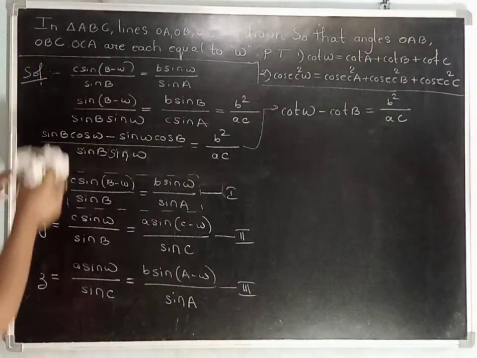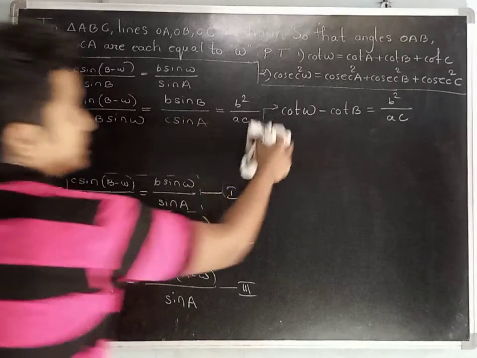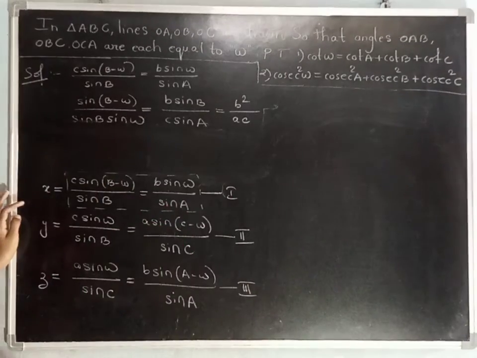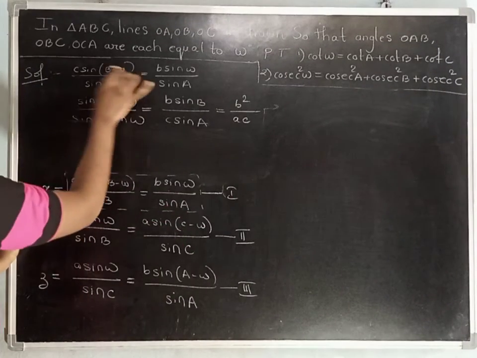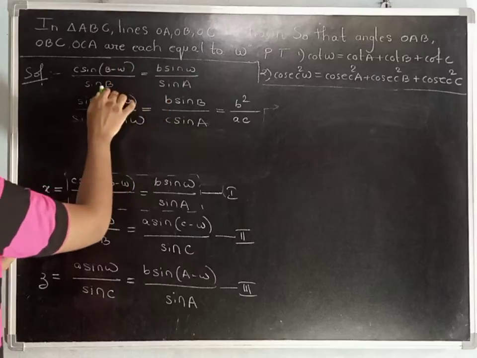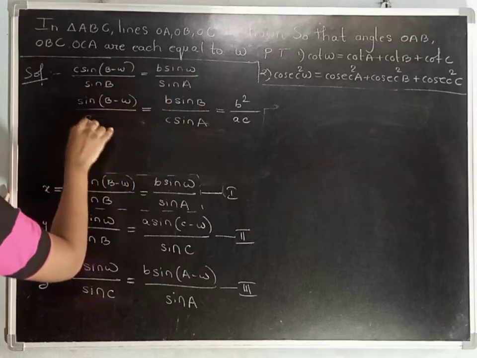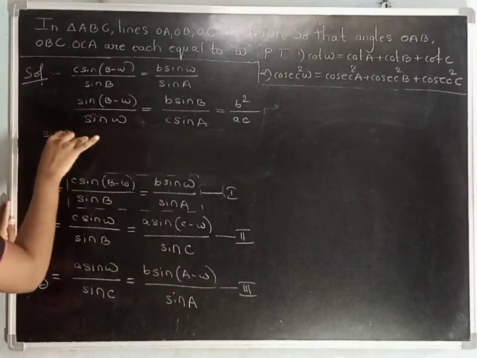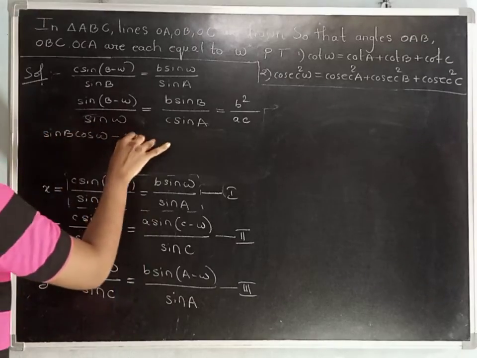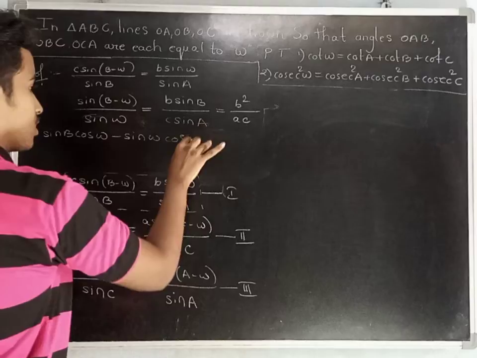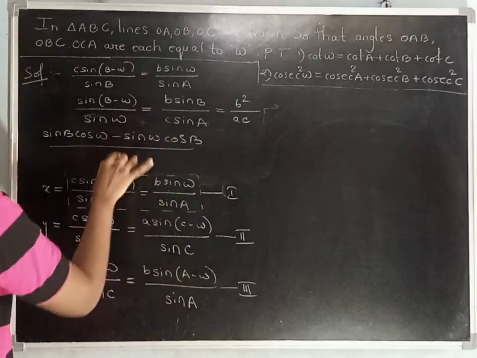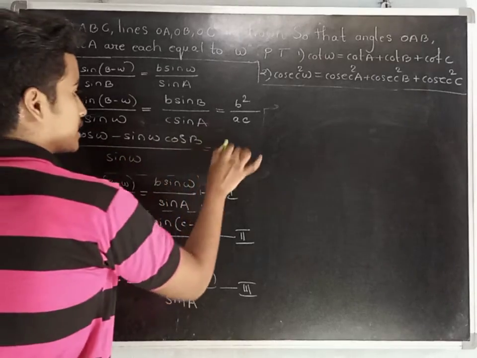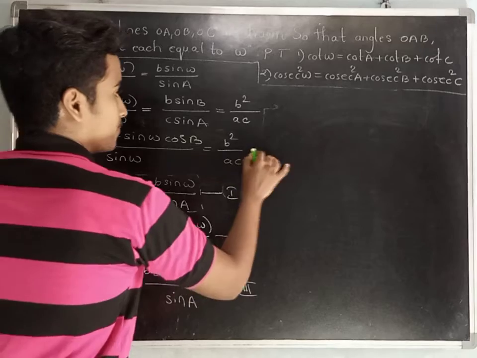One minute. There is something wrong here. B sin B minus omega by sin omega here. Okay, sin B cos omega minus sin omega cos B by sin omega is nothing but B square by AC.